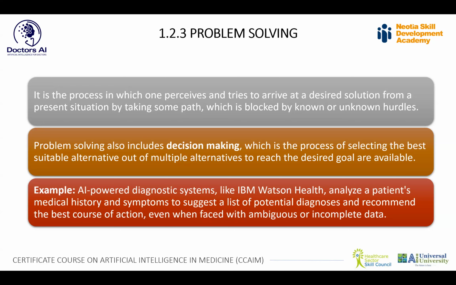So let's take an example. An AI-powered diagnostic system like IBM Watson Health can analyze a patient's medical records and symptoms and suggest a potential diagnosis and recommend the best course of action even when faced with ambiguous or incomplete data. Another example of AI diagnostic support is Glass Health, which has been built by a Harvard graduate.